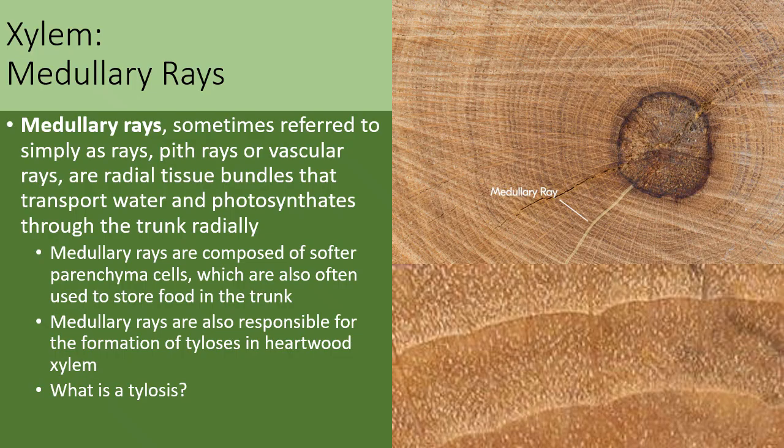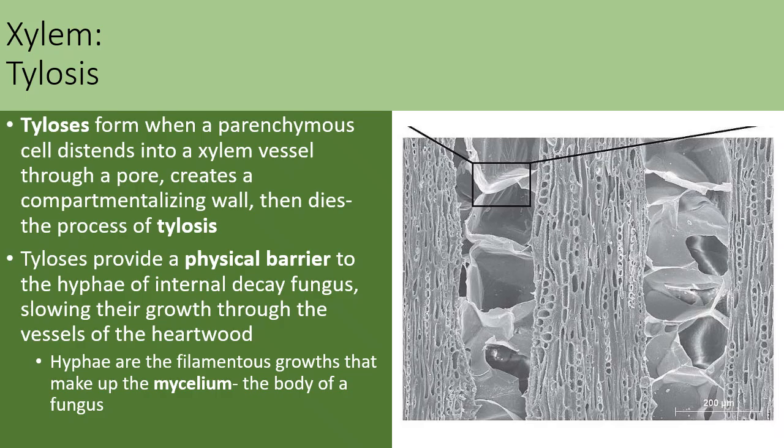And you might be wondering, what is a tylosis? You can imagine that the heartwood, being dead, is particularly susceptible to decay by fungus. And so trees often want to come up with ways to limit the growth of fungus throughout the heartwood. What can happen is the tyloses are formed by parenchyma cells.